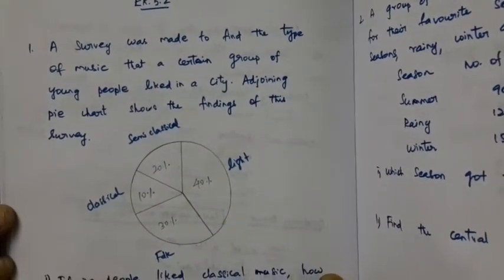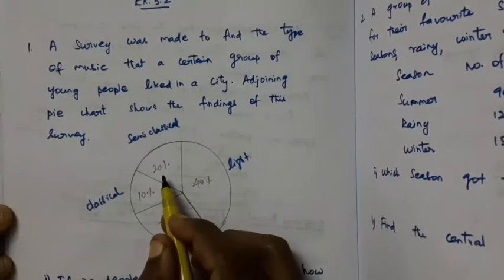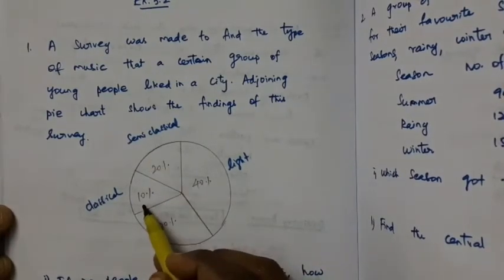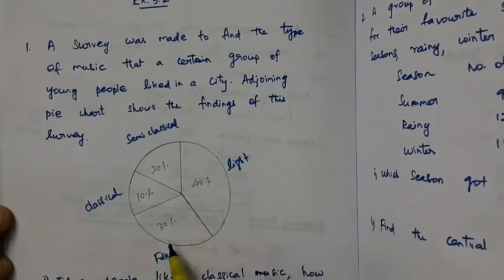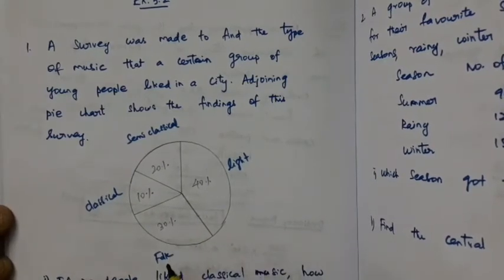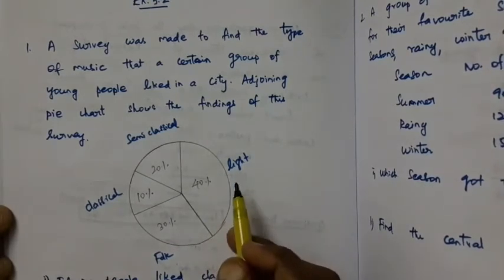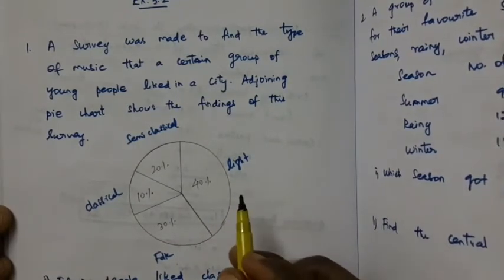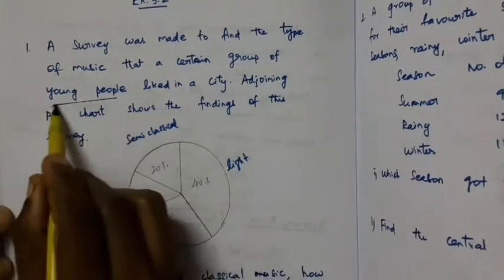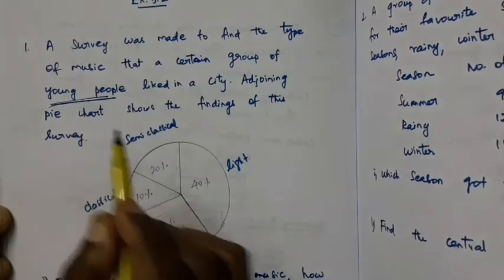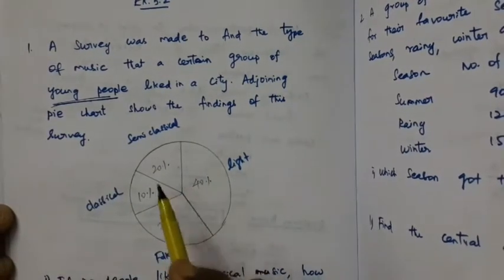The survey says 20% of young people like semi-classical, 10% like classical, 30% like folk, and 40% like light music. They didn't say the total number of young people surveyed. They said only the percentage.